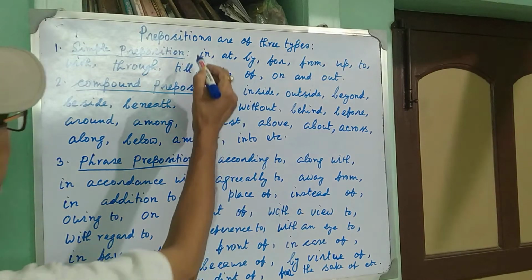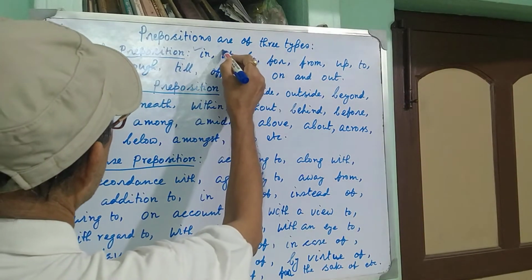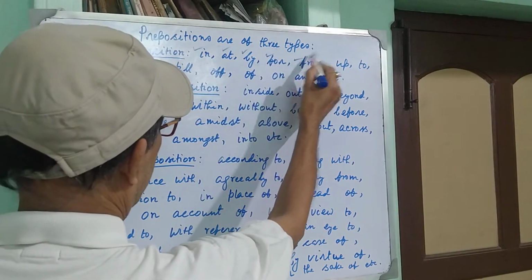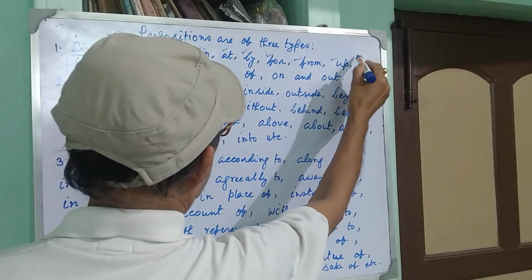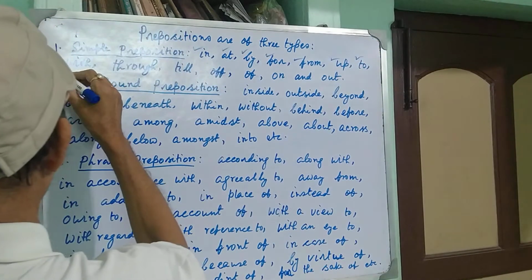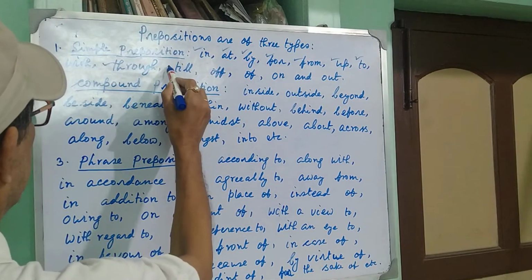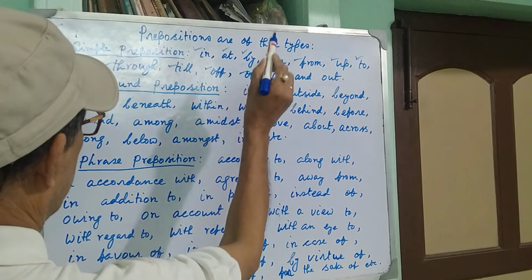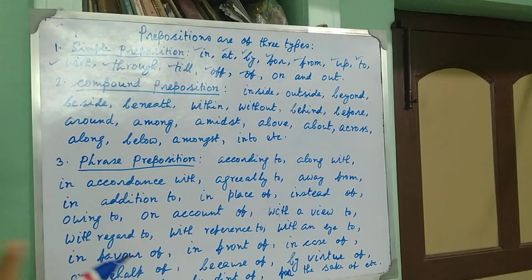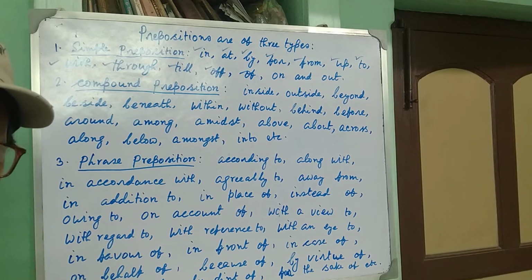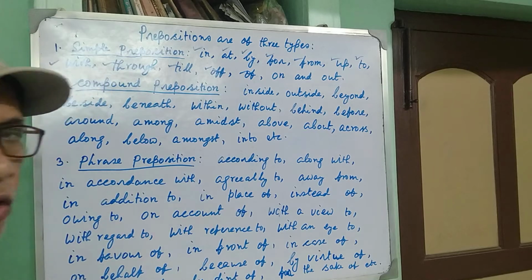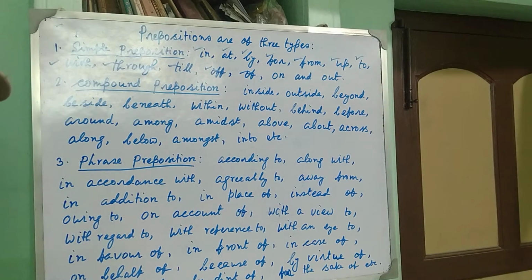For example: in, at, by, for, from, up, to, with, through, till, of, O double F, off, of হয়ে হসন্ত, and O F, of বয়ে হসন্ত.